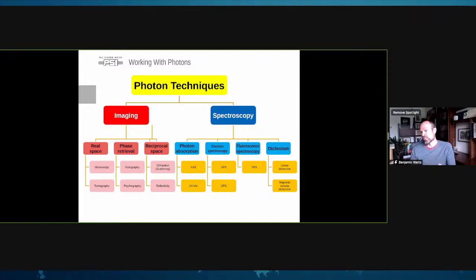So it is just black and white images that you're getting. Similarly, with spectroscopy, you're getting energy information, which can be turned into imaging if you start scanning that probe around. So these things can be combined in various ways. So the focus today is going to be on real space imaging combined with photo absorption of X-rays.